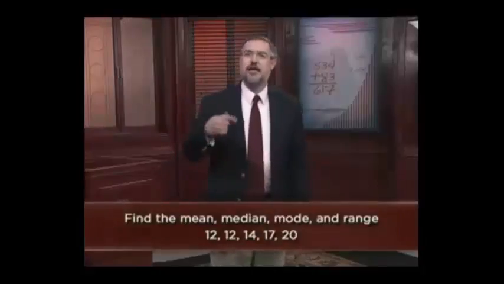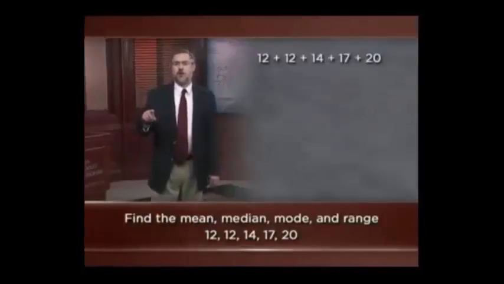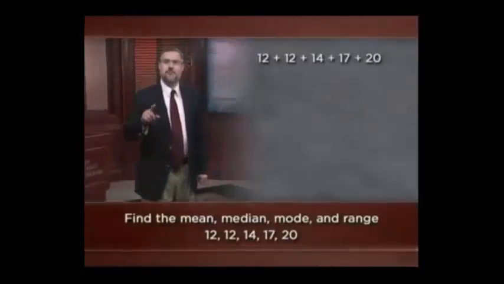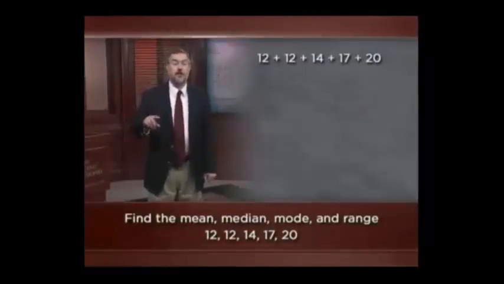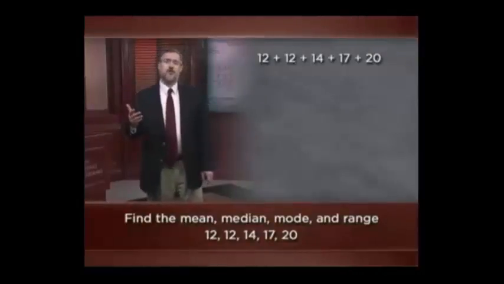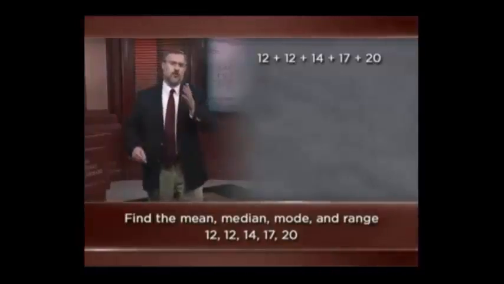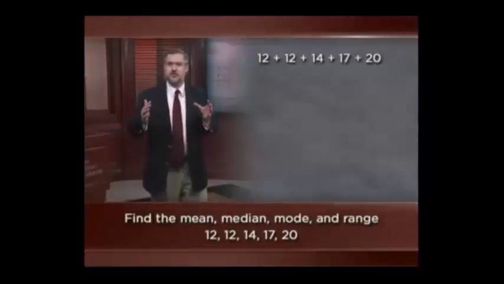So we first need to add up or find the sum of the numbers in our list. And that means we're going to find 12 plus 12 plus 14 plus 17 plus 20. Thanks to the order of operations stuff we've seen in the past, we know that we can just add these left to right if we'd like. We could regroup them some, although in this case, I don't really see any smart regrouping.